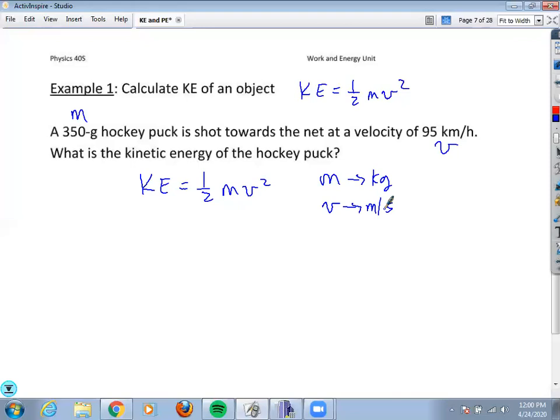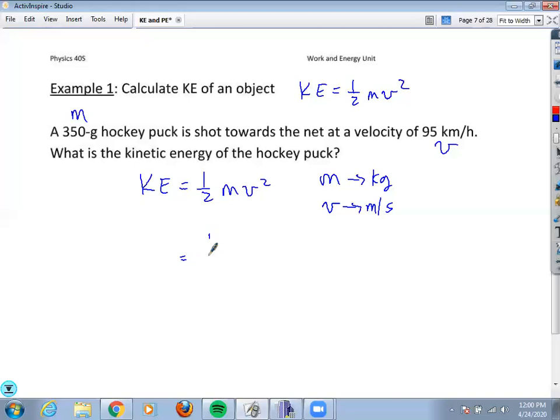Okay, so to plug this in, the kinetic energy is 1/2 mv squared, and we just have to make sure we do our conversion. So the mass is in kilograms, so we have to divide by 1,000.